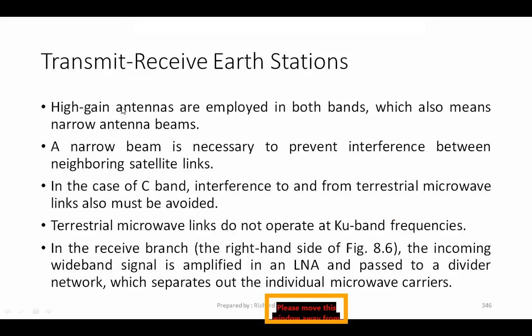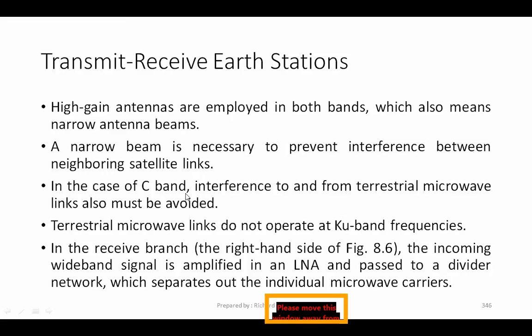Next, high gain antennas are employed in both bands, which also means narrow antenna beams. A narrow beam is necessary to prevent interference between neighboring satellite links. This is very much important, so that it can communicate properly without loss and without noise getting into our systems.